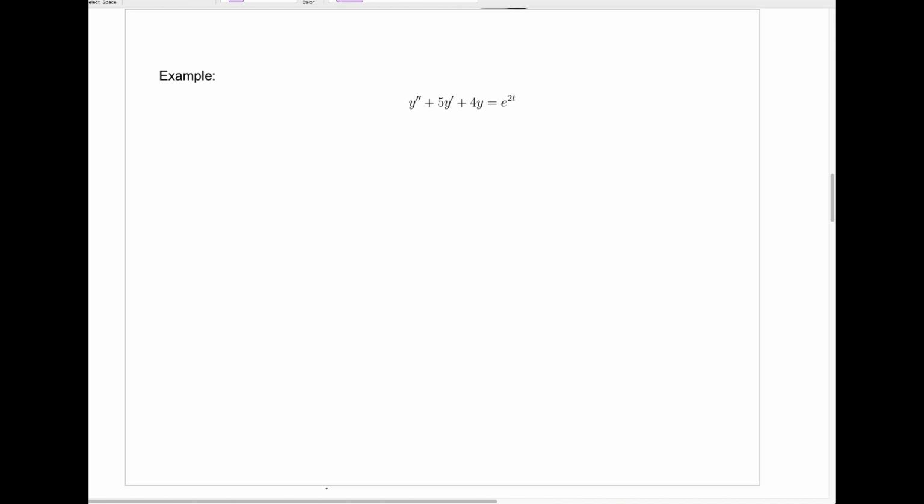What if we want y double prime plus 5y prime plus 4y equal e to the 2t? Well, very quickly, if we solve the homogeneous, first we see that y1 equals e to the minus 4t and y2 equals e to the minus t are a fundamental set of solutions.